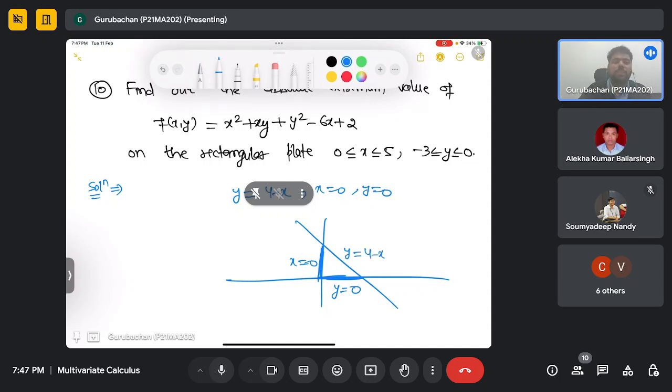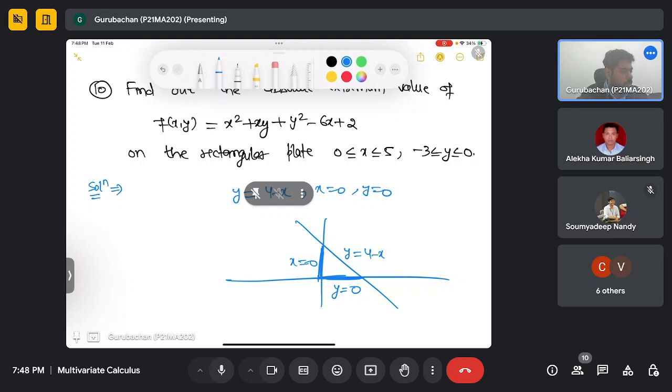So we need to consider three cases. The first case corresponds to y equal to 0, the second to x equal to 0, and in the third case we substitute y as 4 minus x, then we get our function as a function of one variable, and we proceed with that. I hope everybody is convinced with this explanation.